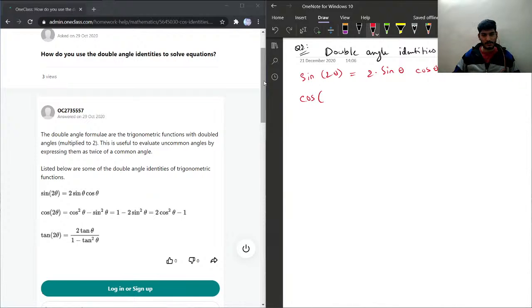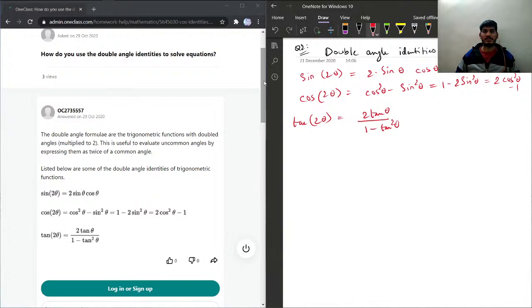Then we have cosine of 2 theta as cosine squared theta minus sine squared theta, which is 1 minus 2 times sine squared theta, which is 2 cosine squared theta minus 1. And we have tangent of 2 theta, 2 times tangent of theta over 1 minus tangent squared theta.